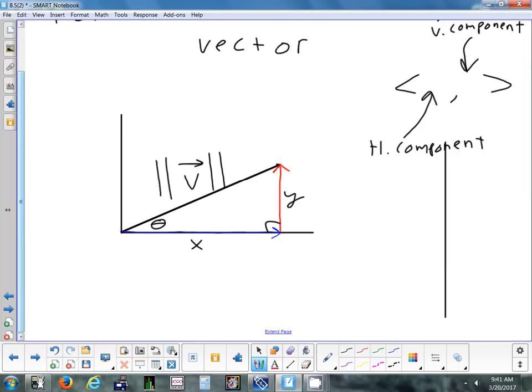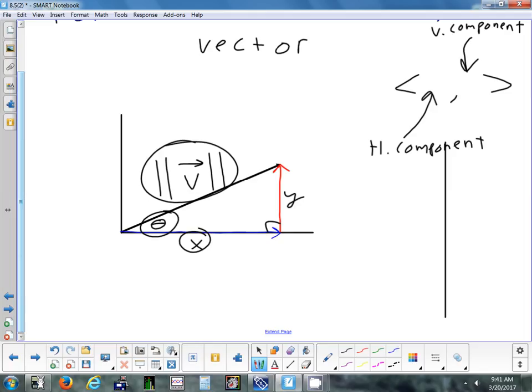What trig function would I use that would involve this side and that side? Careful, tangent doesn't have hypotenuse in it. Well, what two sides are we dealing with?